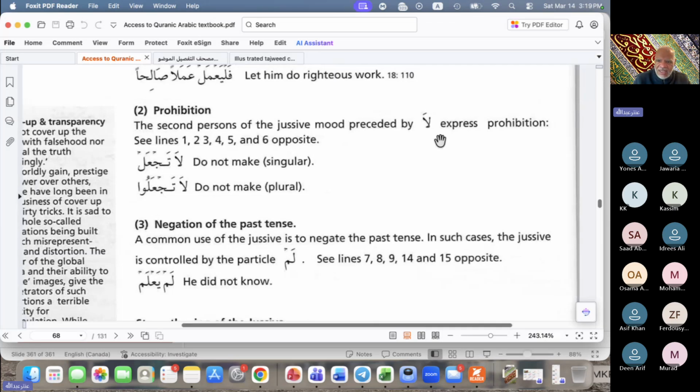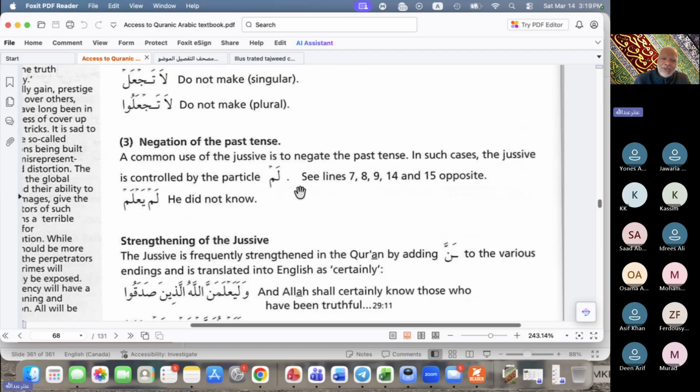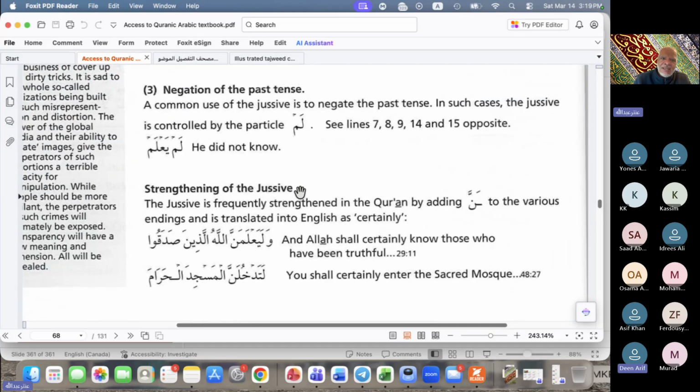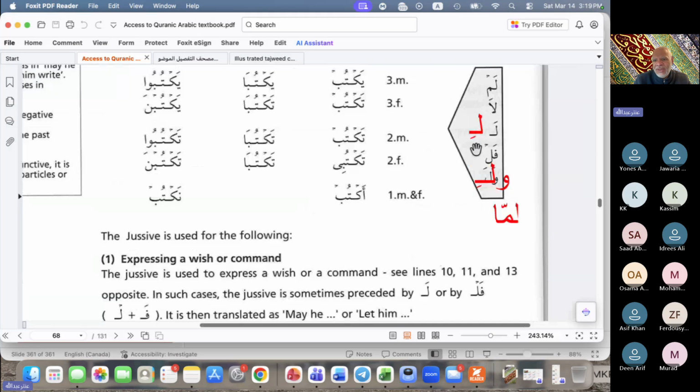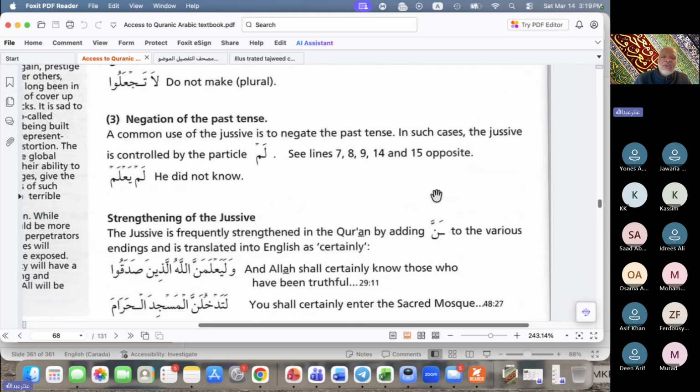So we have looked at la, prohibition. We have looked at lam for negation. Let's take the last one, which has got all the variations. Li, falli, walli, which is for strengthening.